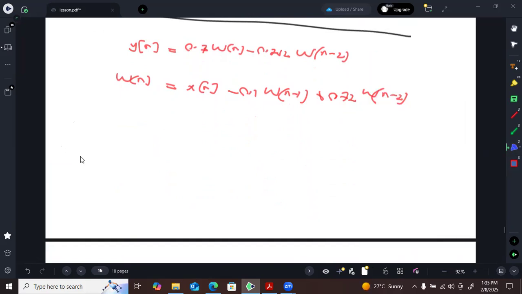I have my x of n as the input. How do I obtain wn?